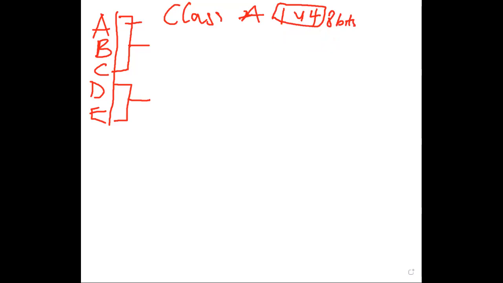Now, looking first at class A. The class A addresses are for networks with extremely huge numbers of total hosts. This class A address starts within a range, as I already mentioned, of IP addresses ranging from 1 till 126.